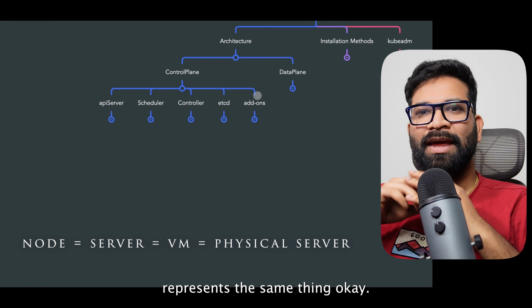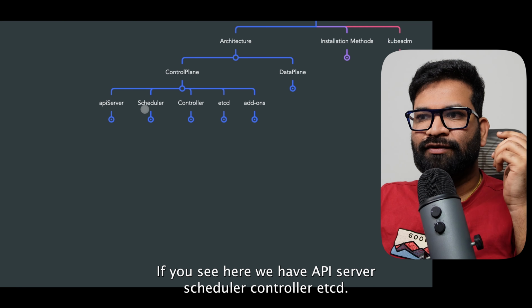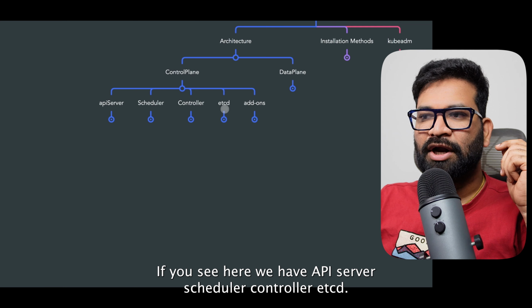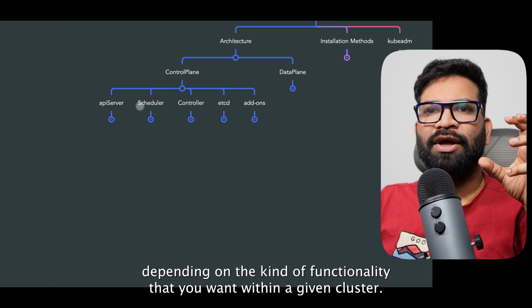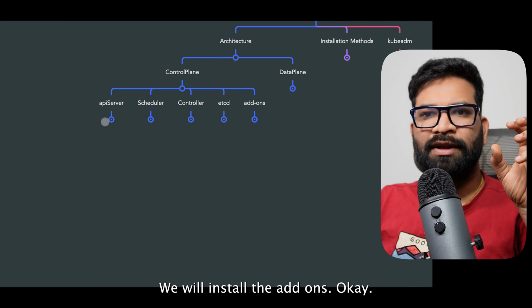The control plane has various components. If you see here, we have API server, scheduler, controller, etcd, and there are additional add-ons depending on the kind of functionality that you want within a given cluster. We will install the add-ons.